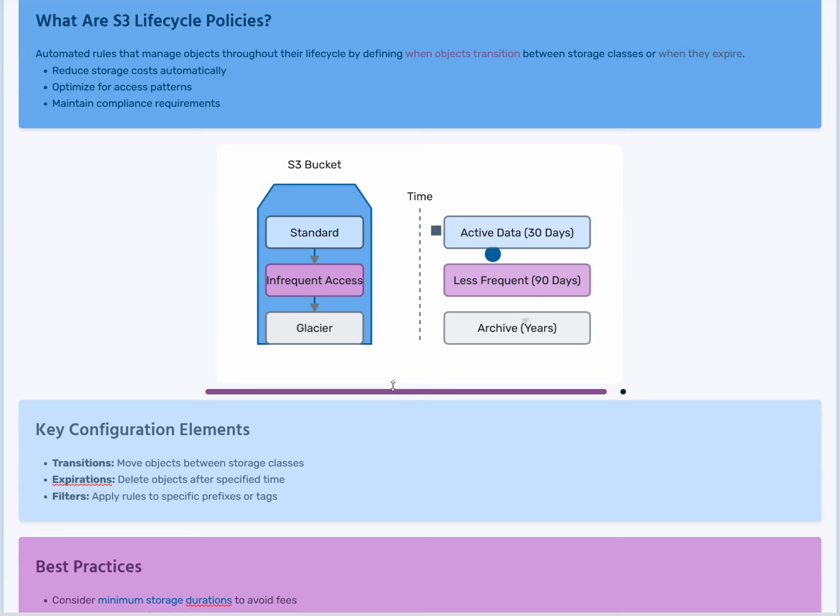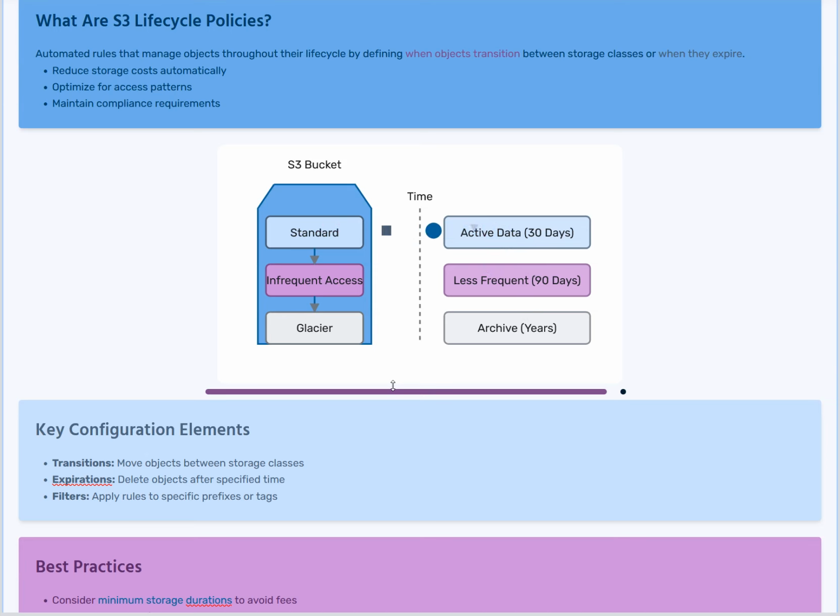So let's have a look at how this animated diagram works. The first thing is the S3 bucket. Initially the objects are in the standard class, and they will be active for 30 days, so users normally access them in those 30 days in this example.